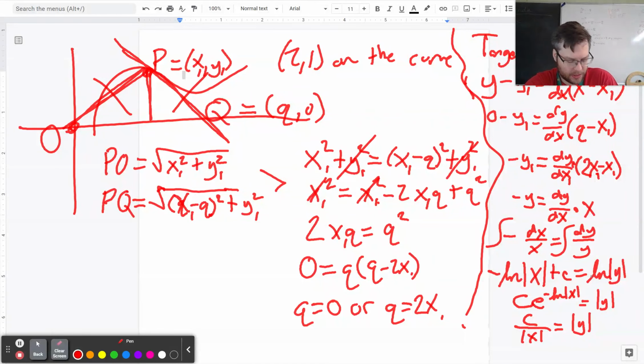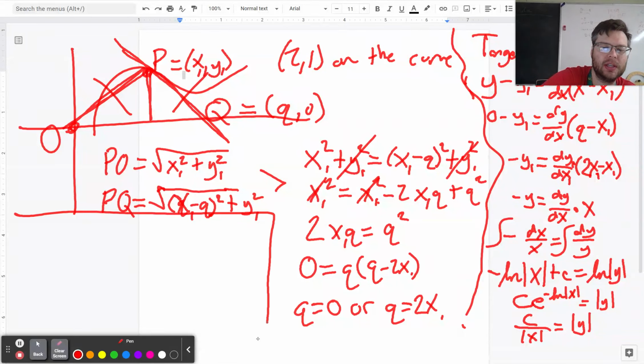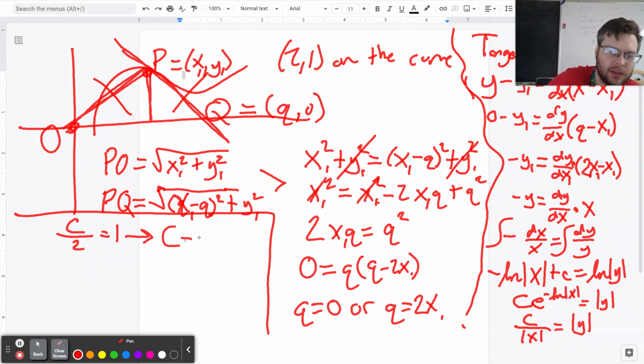And at this point, I think I want to plug in my 2 comma 1. So let's come over here to the bottom left corner of the screen and see what we get. If I plug in 2 comma 1, I get c divided by 2 equals 1, which implies that c is equal to 2.